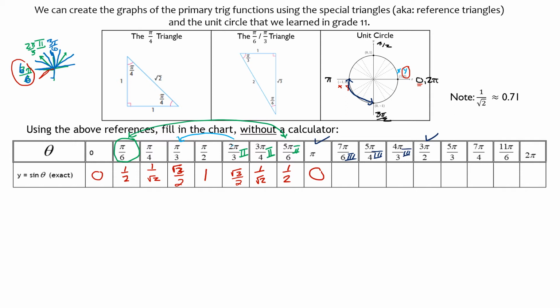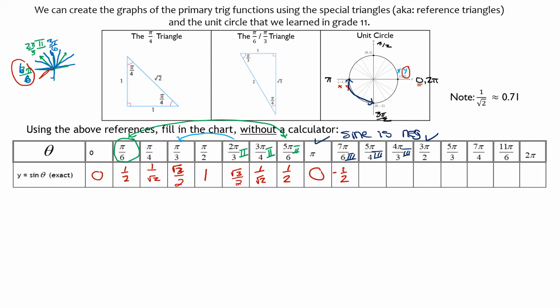So in quadrant 3, sine is negative. We need all these to be negative, so we just go back to our original numbers. Looking at 7 pi over 6, ignore the 7. Pi over 6 was 1/2, but in quadrant 3, that's got to be a negative 1/2.